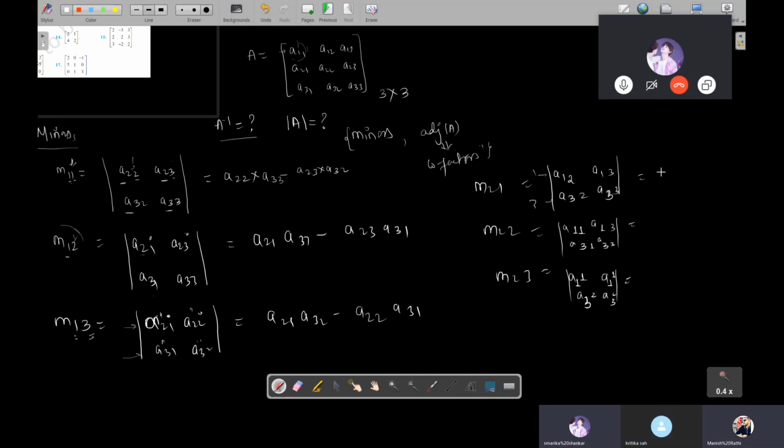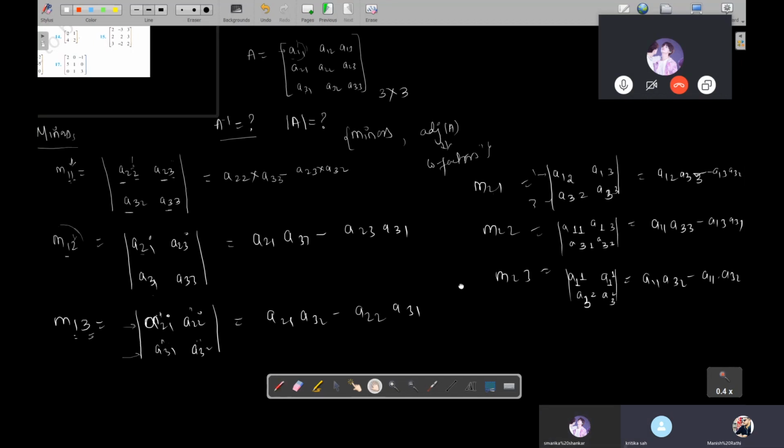So the value will be A12 A33 minus A13 A32 for M21. M22 is A11 A33 minus A13 A31. And for M23, A11 A32 minus A12 A31.